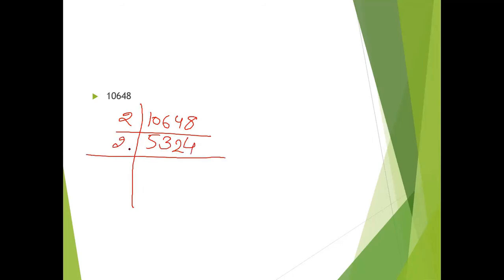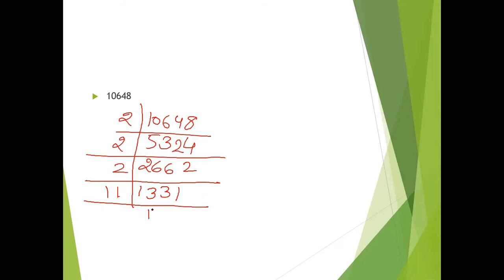Now moving to our next example, it is 10648. Doing the prime factorization again, 5, 3, 2, 4. Again 2, 2, 6, 6, 2. Again 2, 1, 3, 3, 1. Okay, 11 here.